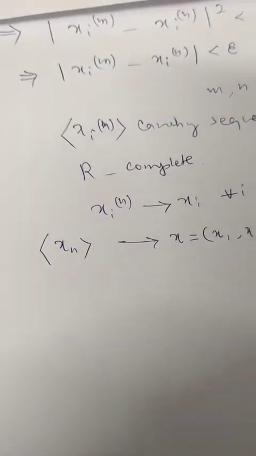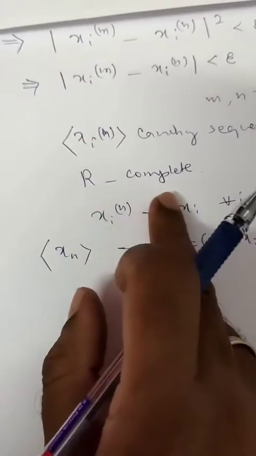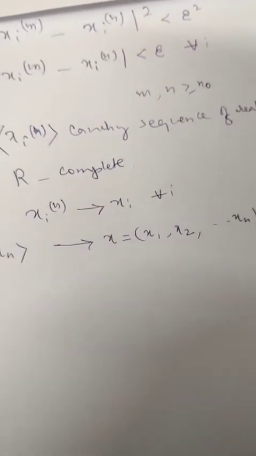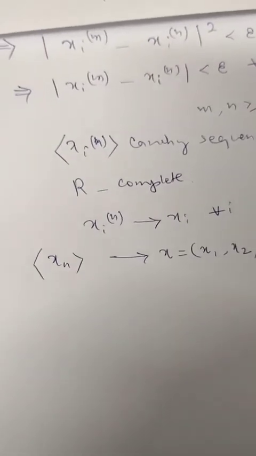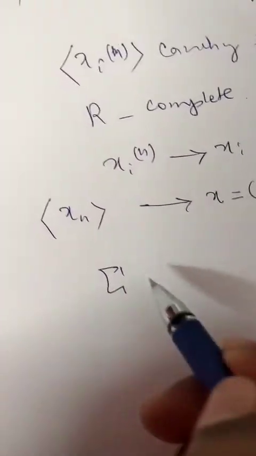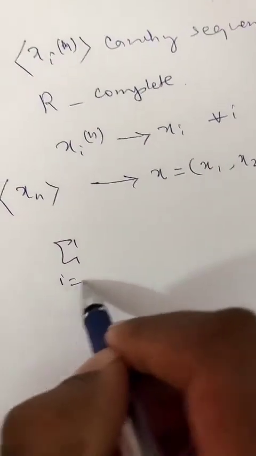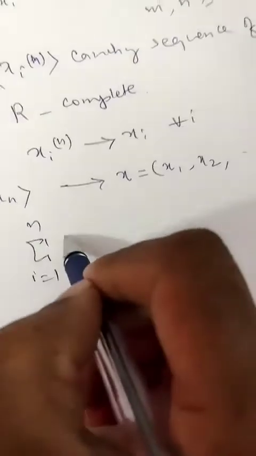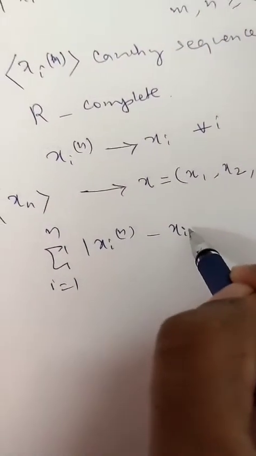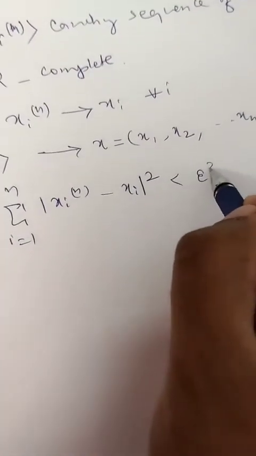Now this shows that the convergence is uniform. By the definition of uniform convergence, what will happen? The summation i equal to 1 to n of x_in minus x_i whole square is less than epsilon square.